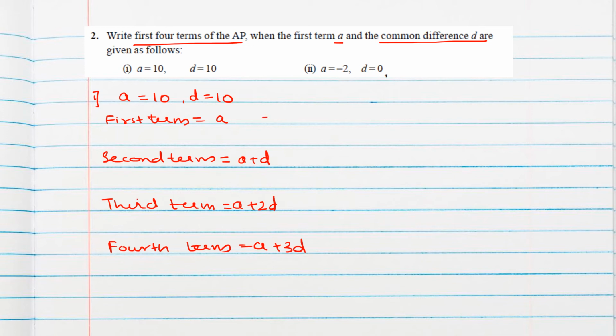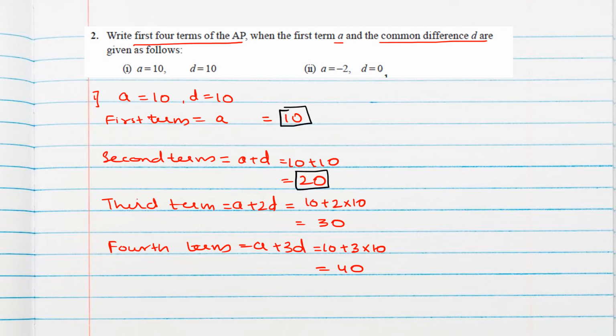A is 10. Here 10 plus 10 means 20. Here 10 plus 2 into 10 will give 30. And here 10 plus 3 into 10 will give 40. Therefore, the first four terms are 10, 20, 30 and 40.